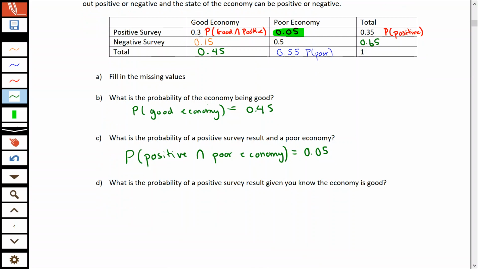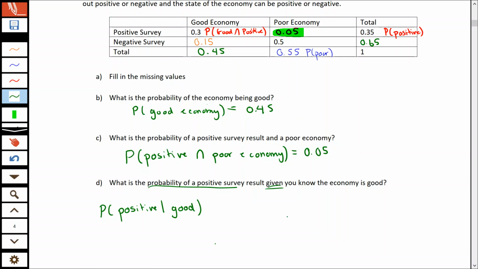Part D asks us, what's the probability of a positive survey result given you know the economy is good? So we're talking about the probability of getting positive given a good economy.